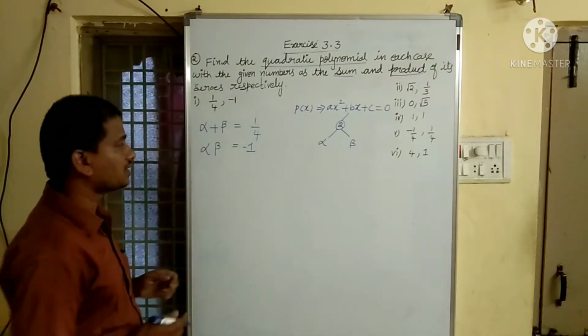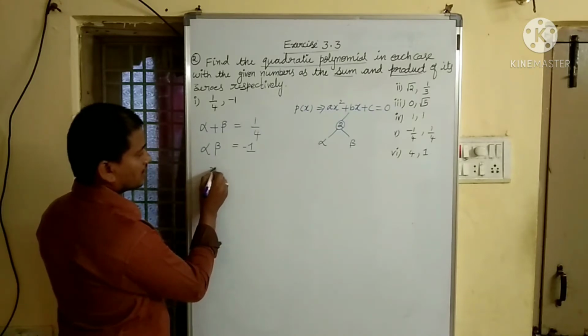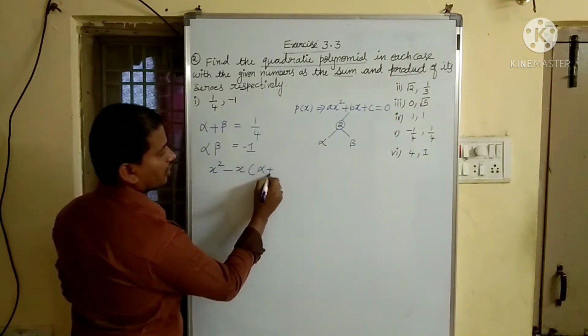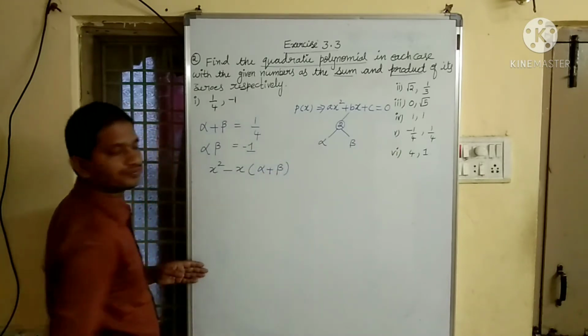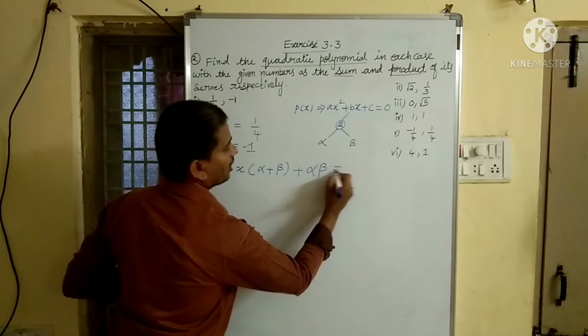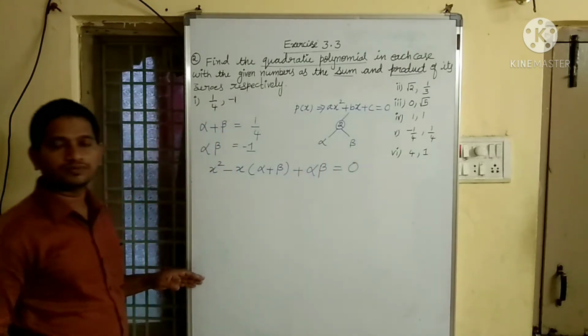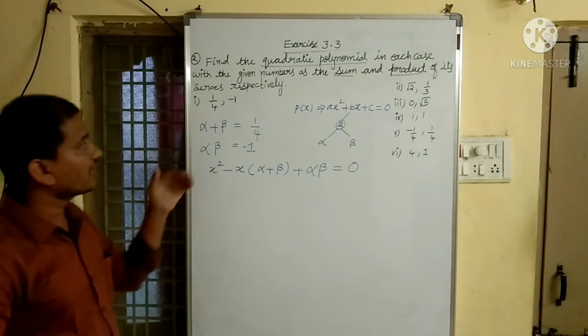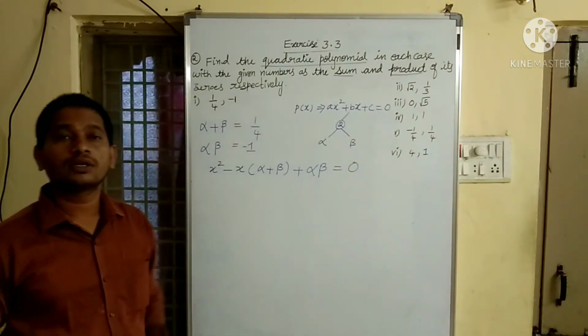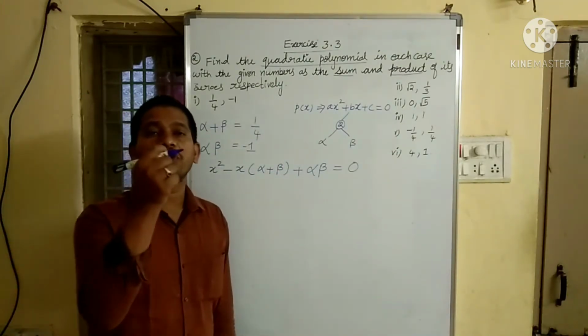The formula is x² minus x into (alpha plus beta) plus alpha beta is equal to 0. If the given numbers are the sum and product, then this is the formula for making a quadratic polynomial.